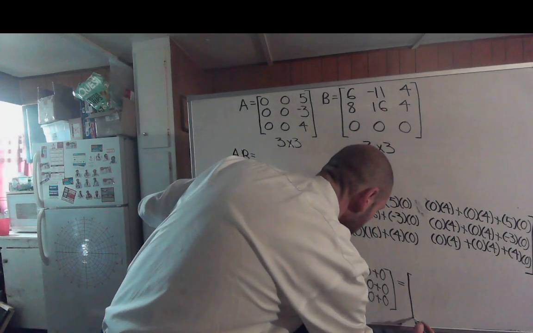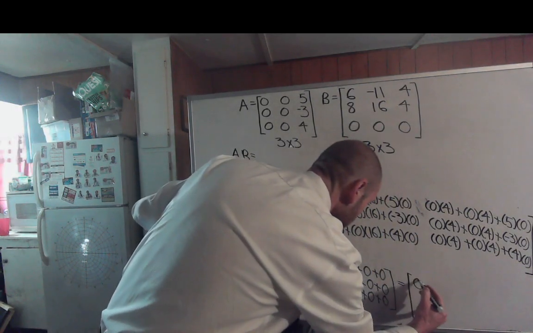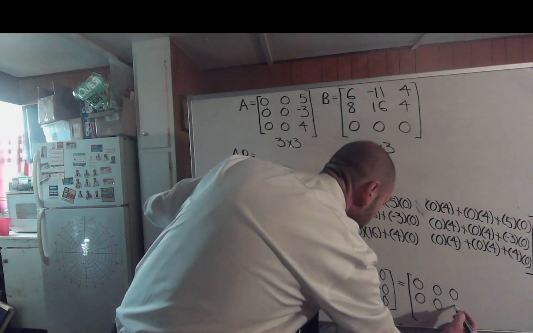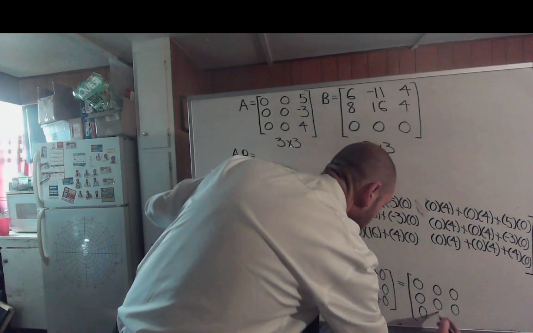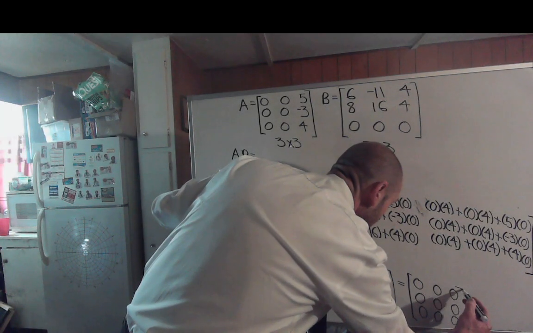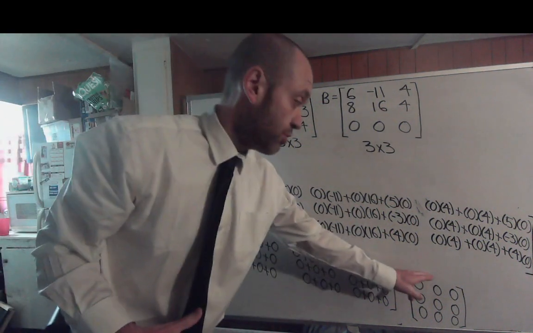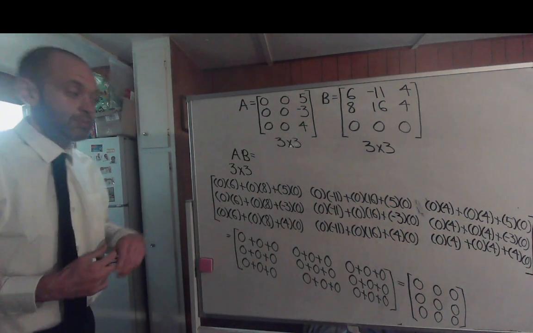You get what's called a 3x3 zero matrix. You literally get that all entries are 0. So you should get a 3x3 zero matrix for matrix AB.